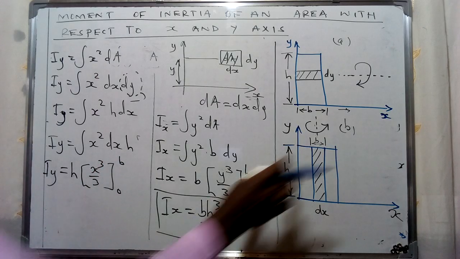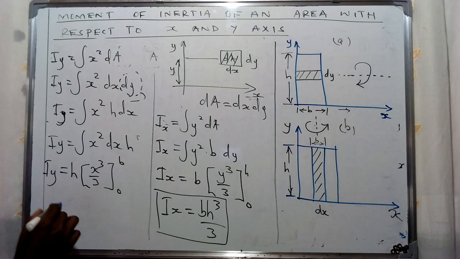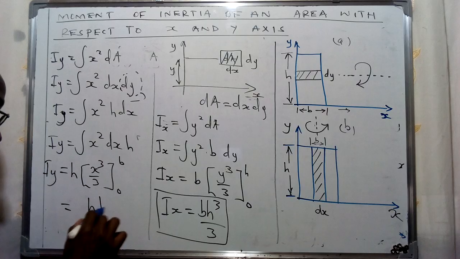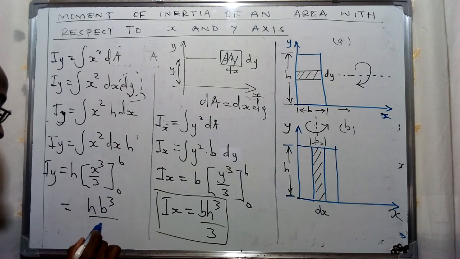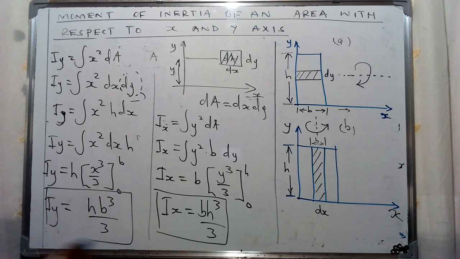So this is given in terms of h, a constant, times b to the power 3 over 3, and that's going to give us the moment of inertia along the y-axis, using the similar procedure as in the first example for a and b.